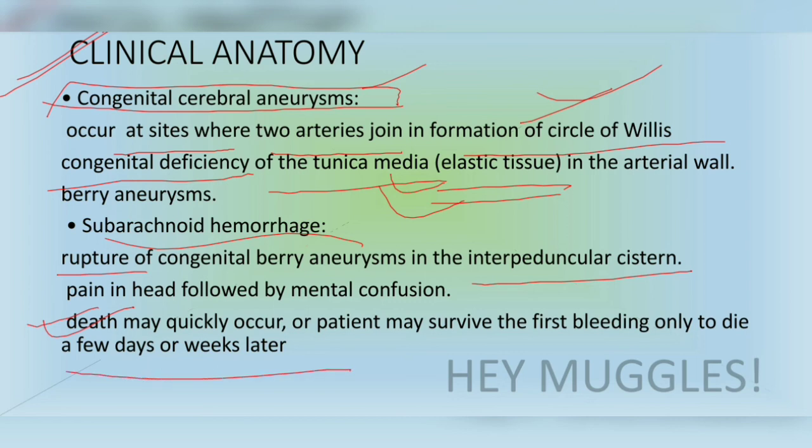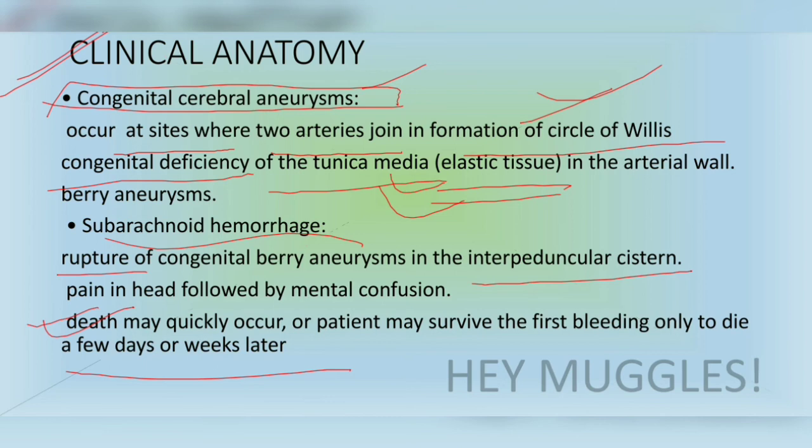And I already told you that the anterior choroidal artery, which is a branch of your middle cerebral artery, is most prone to thrombosis. Basically, cerebral thrombosis affects your middle cerebral artery or its branches, because it is a direct continuation of your internal carotid artery.